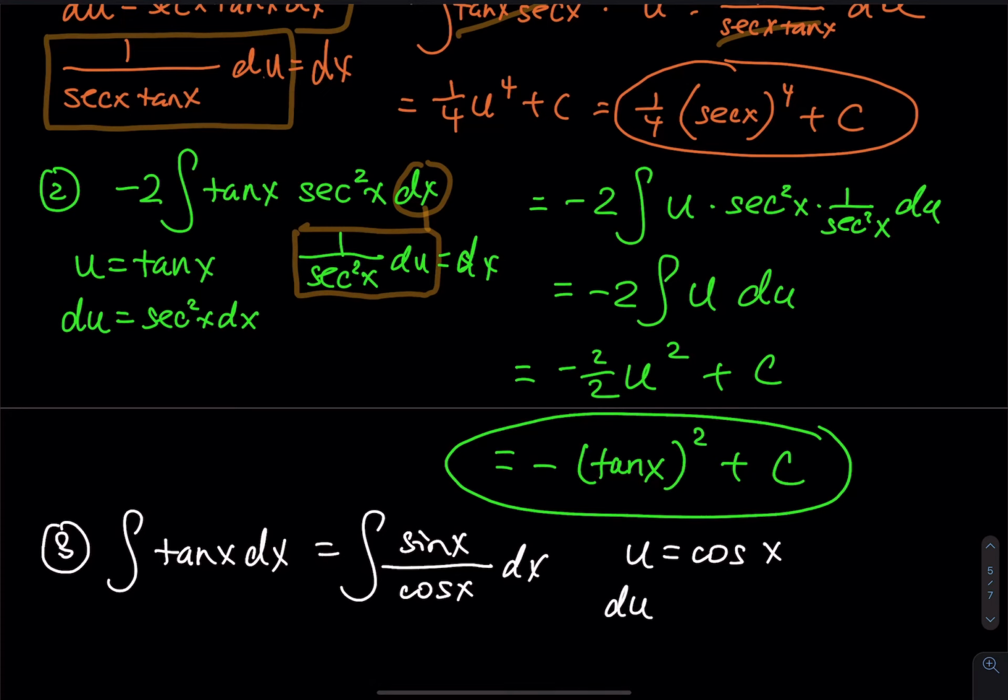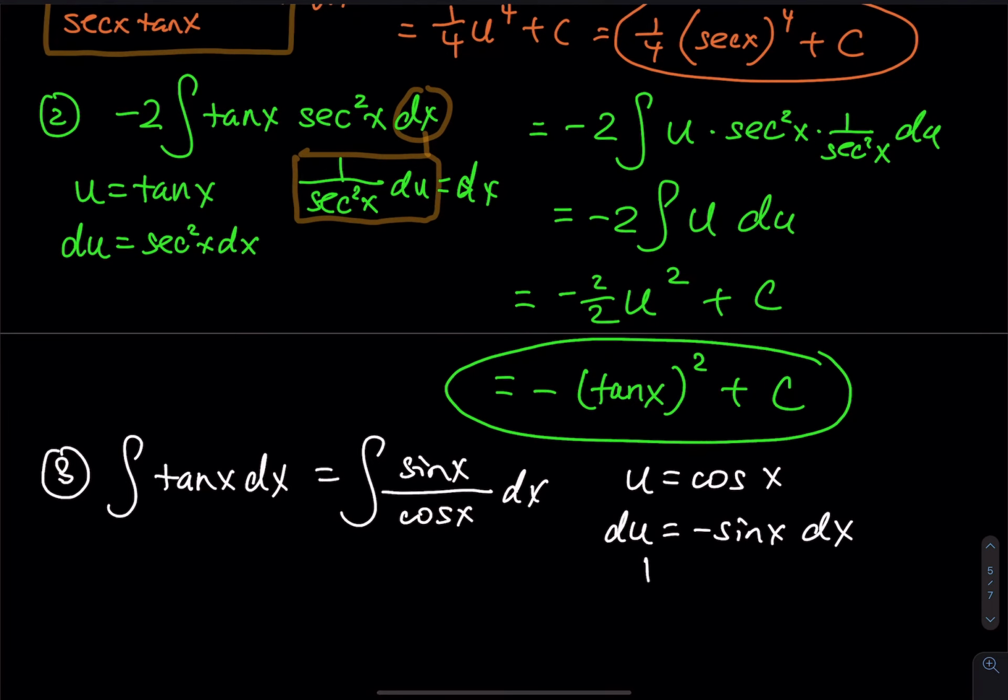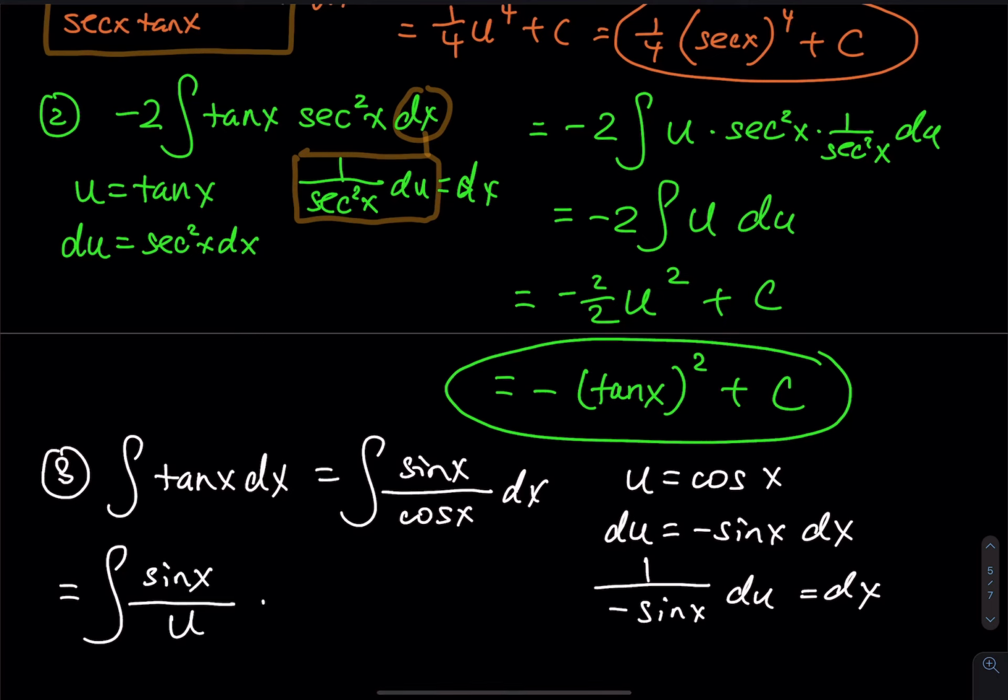So du is equal to negative sine of x dx. And then you have negative 1 over sine of x du equals dx. And then this is the integral of sine x over u times 1 over negative sine x du.